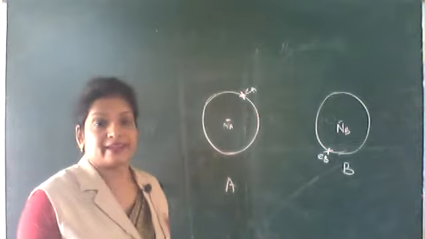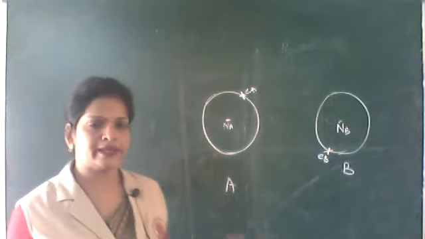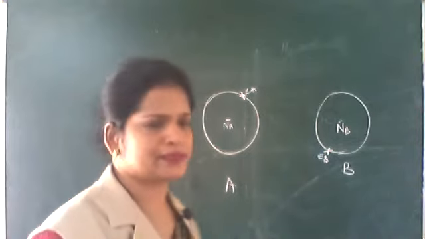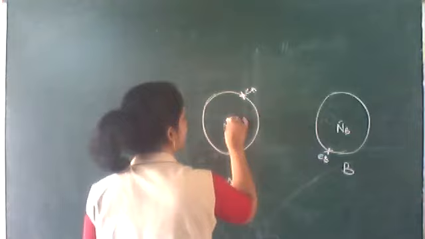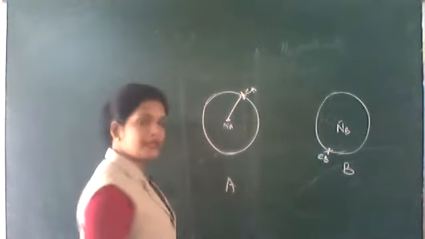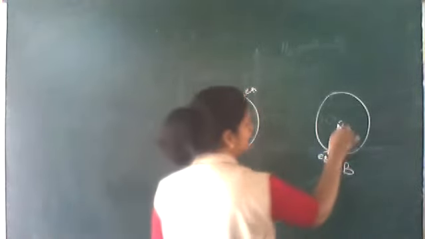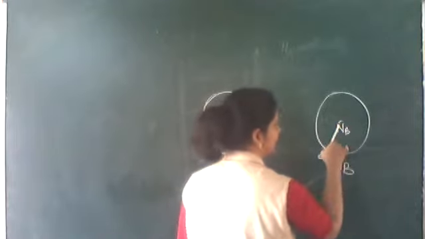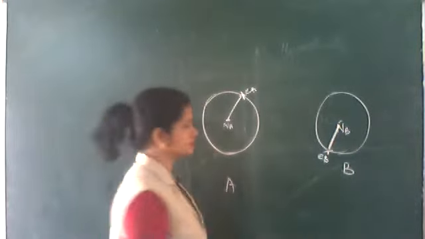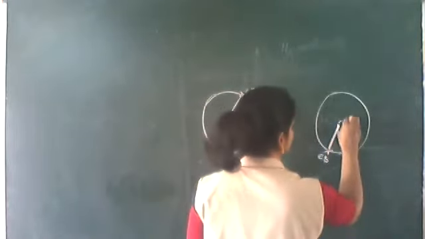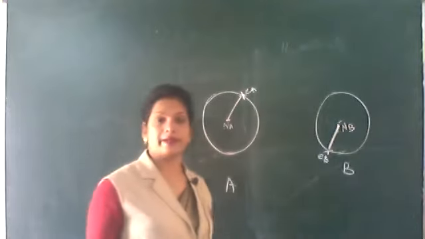What all interactions are there? Interaction means attraction or repulsion. You know that Na attracts Ea. Similarly, Nb attracts Eb.